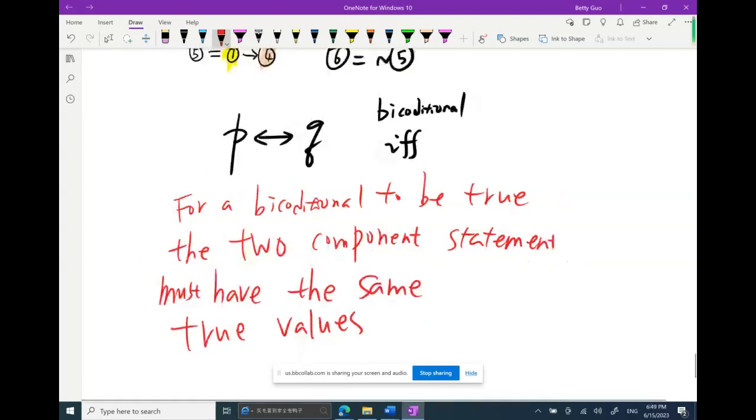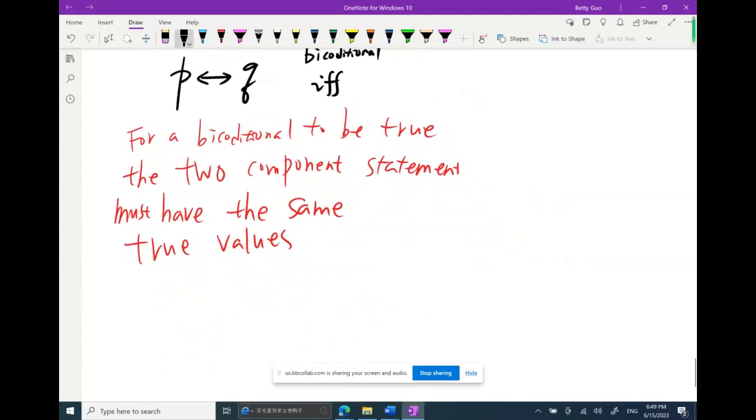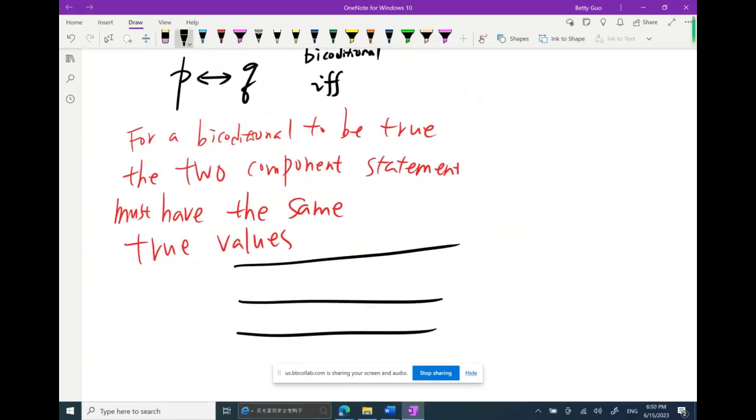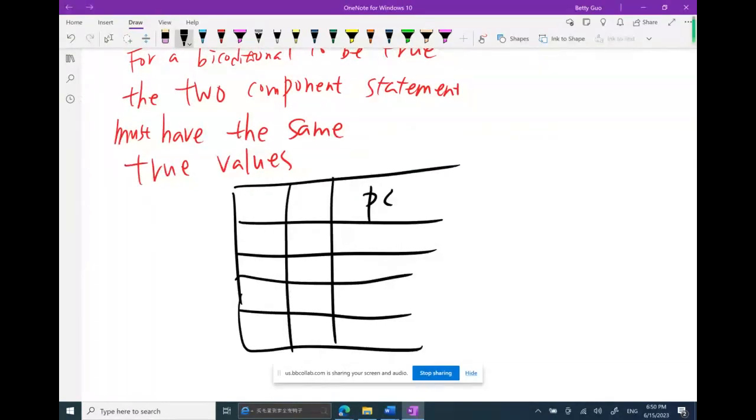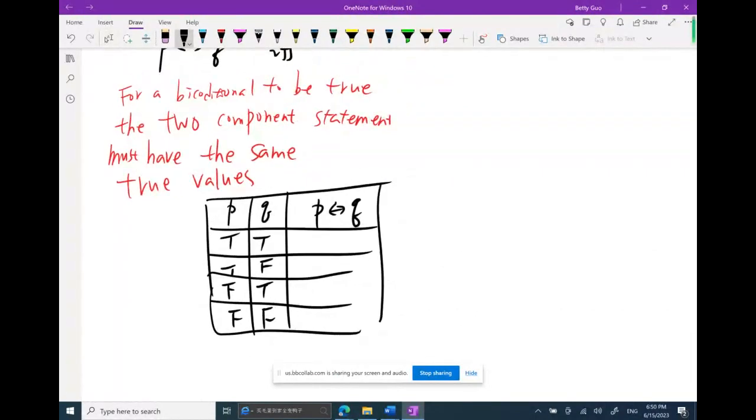Very quickly I can make the table for you. P, P if and only if Q. So this is P, this is Q. Four cases: T, T, T, F, F, T, F, F. Based on the sentence above, for the biconditional to be true, the two components must have the same truth values.